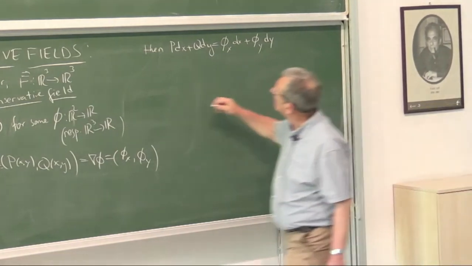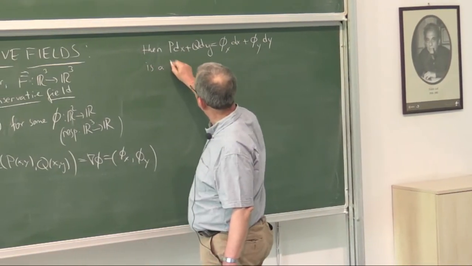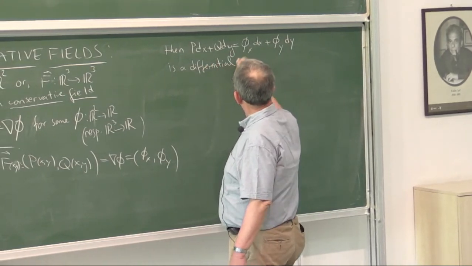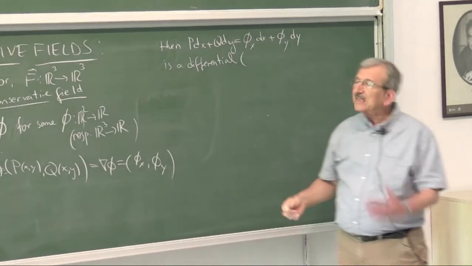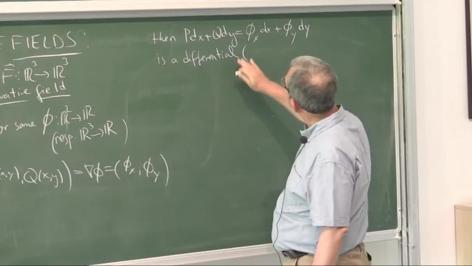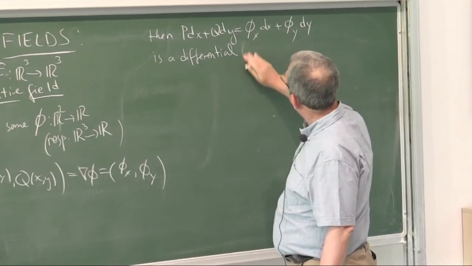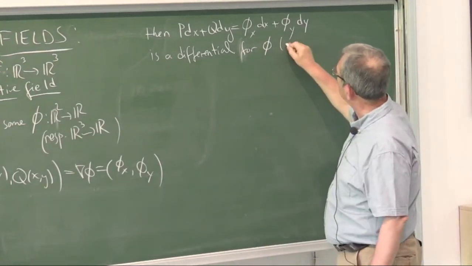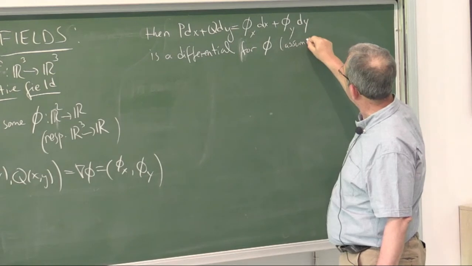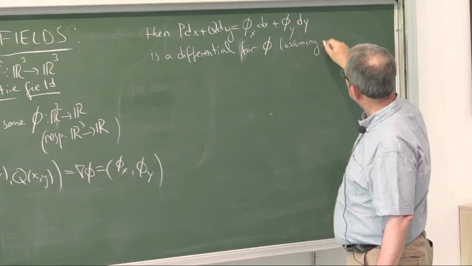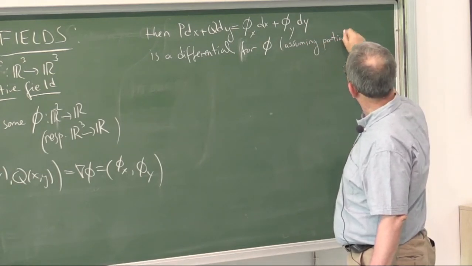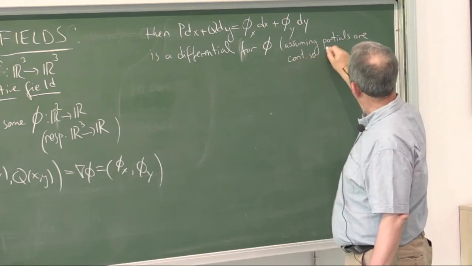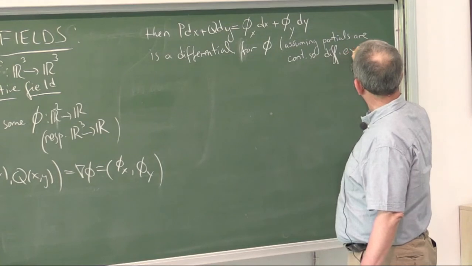So we assume the differential exists. This is a differential for the phi function, assuming, of course, partials are continuous. So, differential exists.